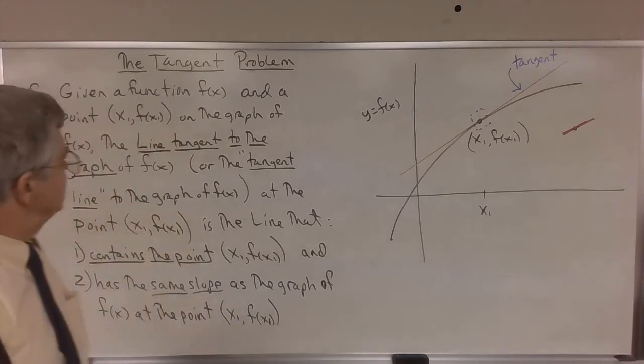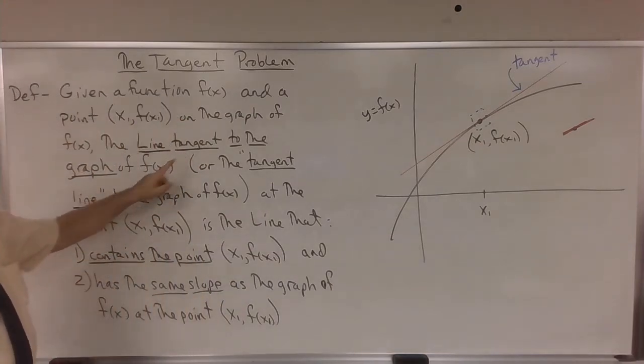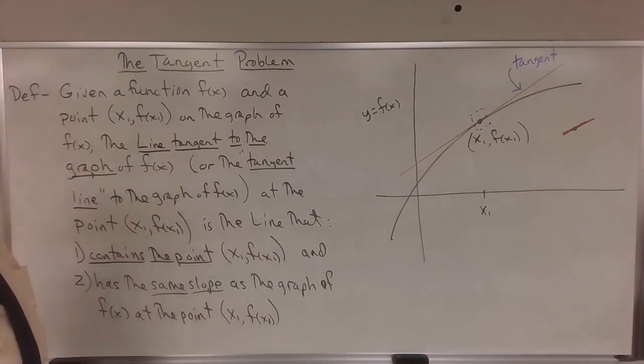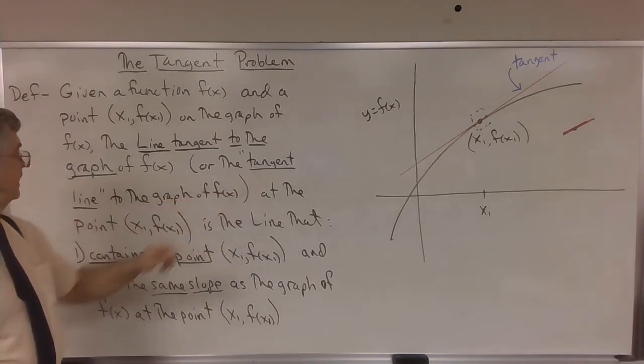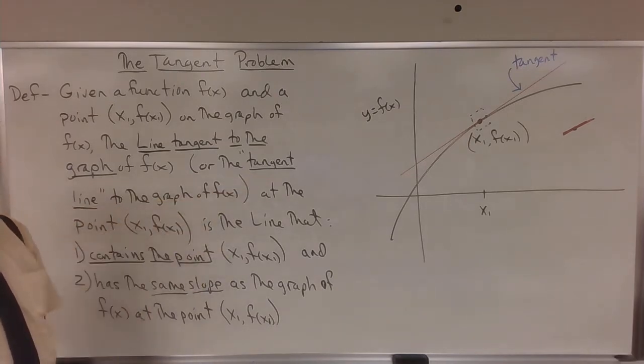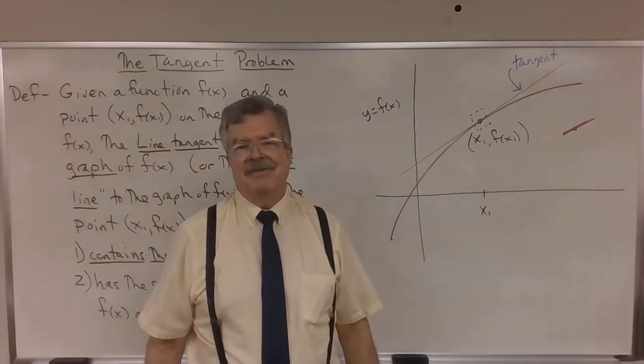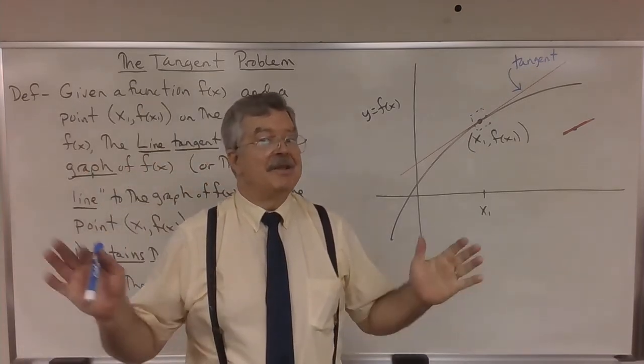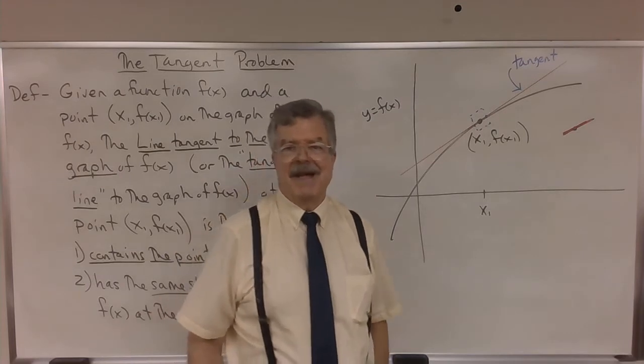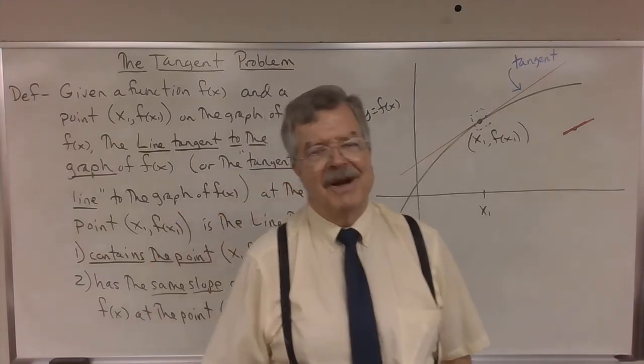So that's what we mean when we say the line tangent to the graph of f of x, or the tangent line to the graph of f of x. Or a lot of people like to abbreviate it even more and call it the tangent to the graph of f of x. And whatever you want to say is fine.